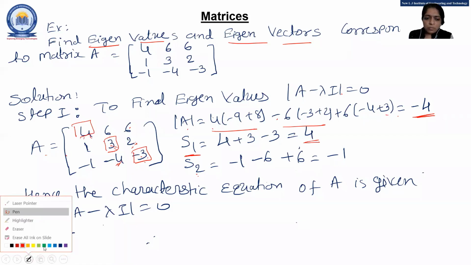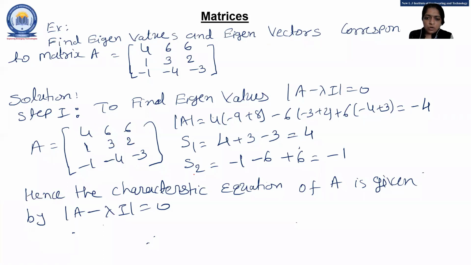First, for 4, we skip the first row and first column, so this is my minor: 3, 2, minus 4, minus 3. Plus, for the second diagonal element, I skip the second column and second row.